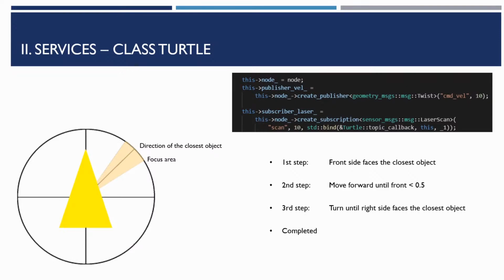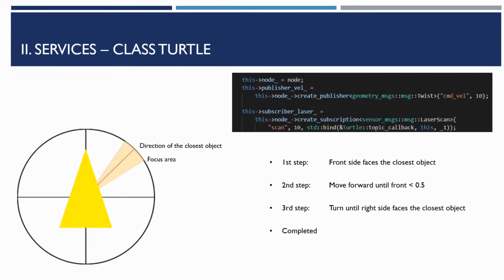To correct this, I choose a direction for the closest object and analyze a focus area, a range around it. As soon as it has a mean value, it's going to focus on that direction, and if another thing gets closer from another direction, it's not going to notice it at all.